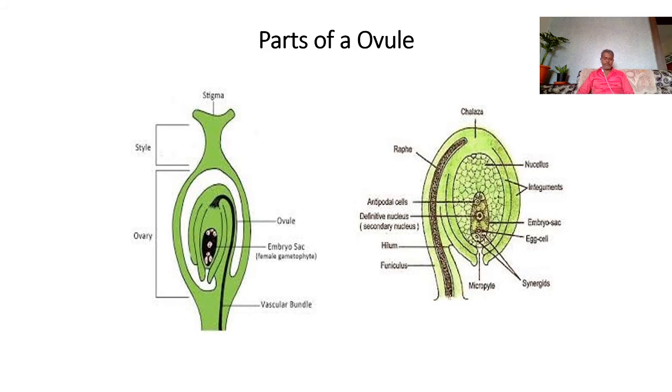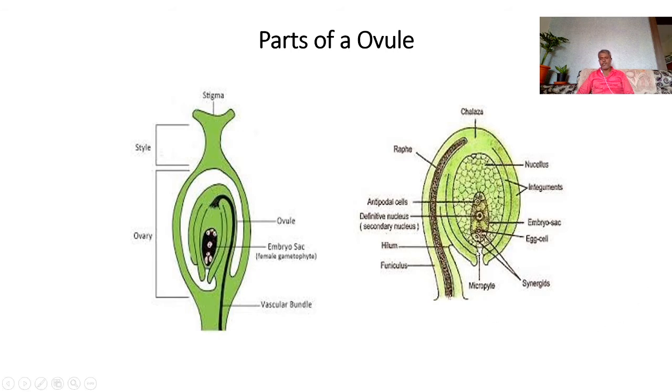Sometimes the cells at the micropylar region, from the epidermal region of the nucellus, undergo periclinal divisions and form a beak-like structure, known as nucellar beak.